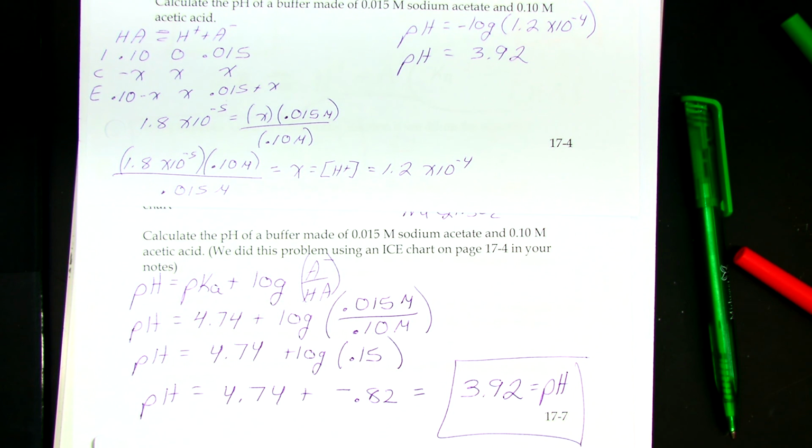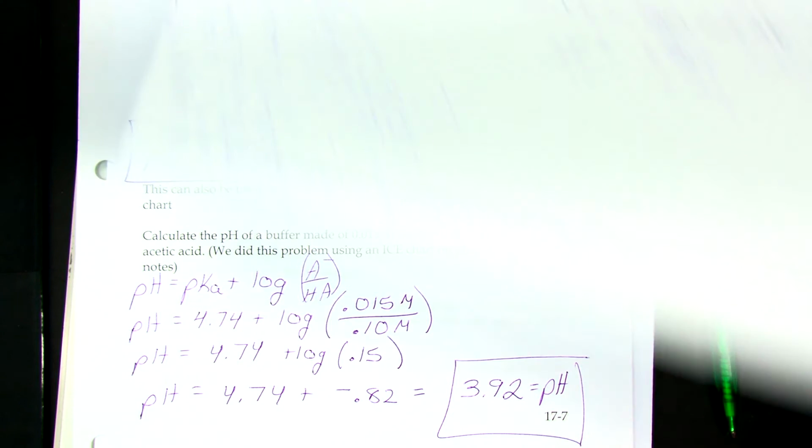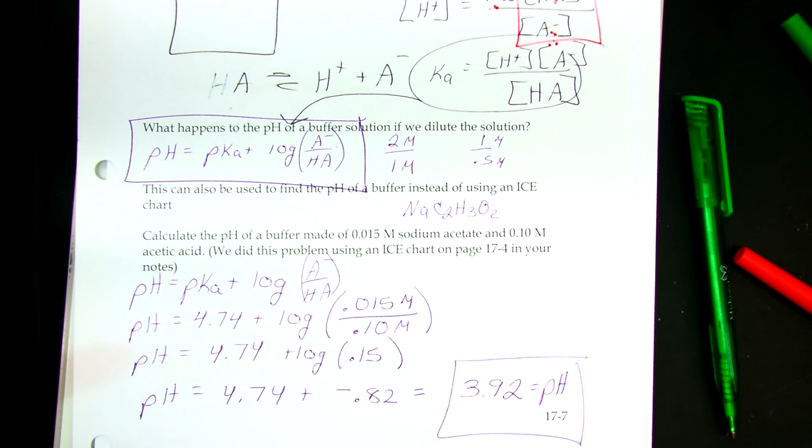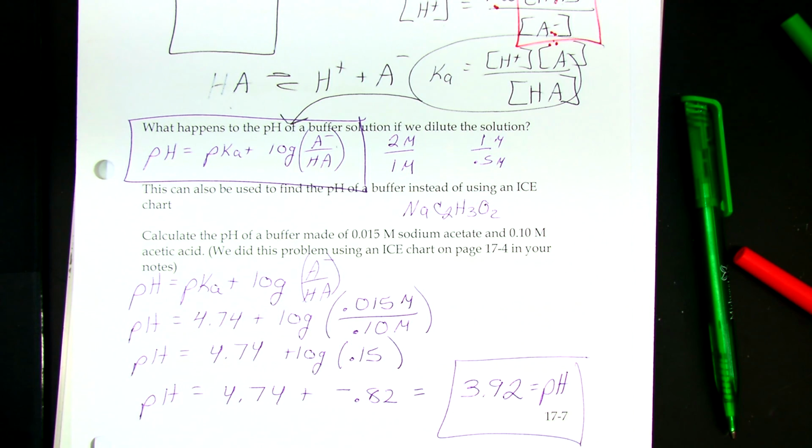I like the equation a lot of times. It's just faster for me. So anytime you have a buffer, you can use the Henderson-Hasselbalch equation, or you can use the ice chart. If you're so comfortable with the ice charts now, then it's okay to use that too. Okay, now I didn't put one in here for you to try because we're going to look at some with basic buffers also.